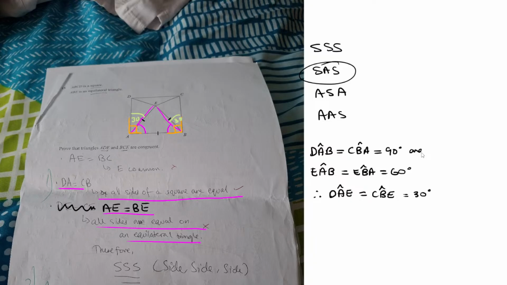So angles in a square, and then this one, angles in, not a triangle, but specifically an equilateral triangle. And therefore that would mean that the ones inside the actual triangles that you're looking for are the same. So I would have said those three things.